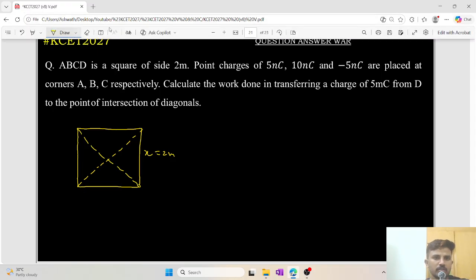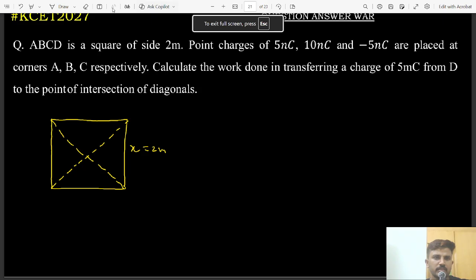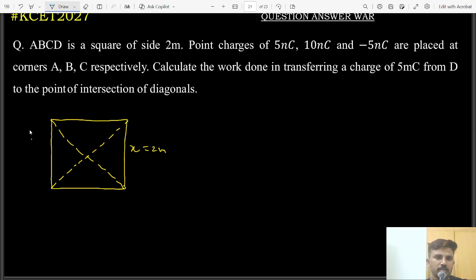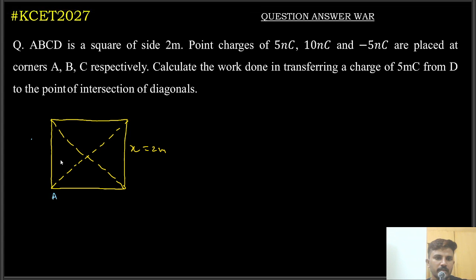So here we have charges placed at A, B, C. Okay, so at A we have a charge of 5 nanocoulomb. At B we have 10 nanocoulomb. Then we have minus 5 nanocoulomb.